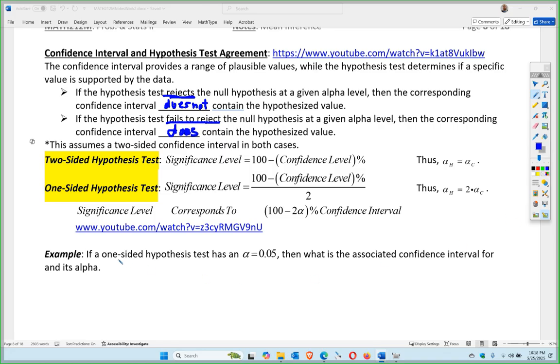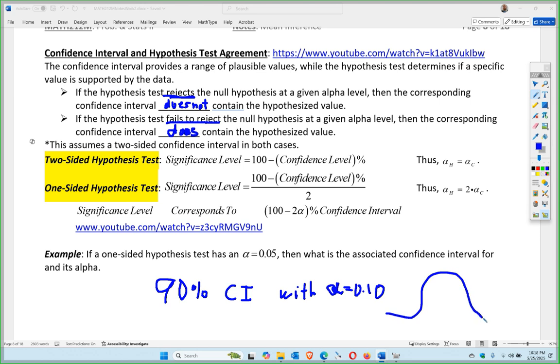Essentially, if it's a one-sided hypothesis test with alpha of 5%, then the confidence interval is 90%, with alpha of 0.10. Look at it this way. Here's my normal curve.